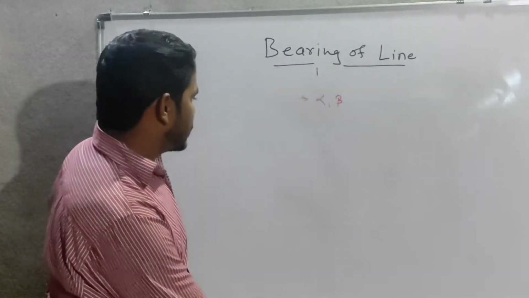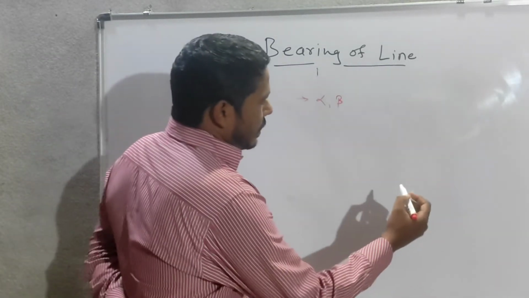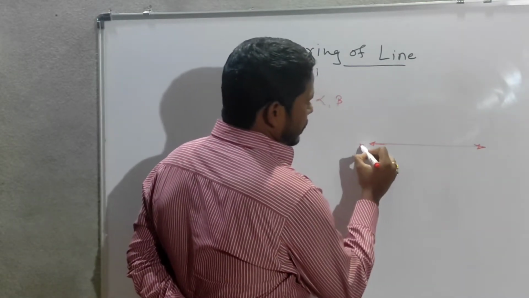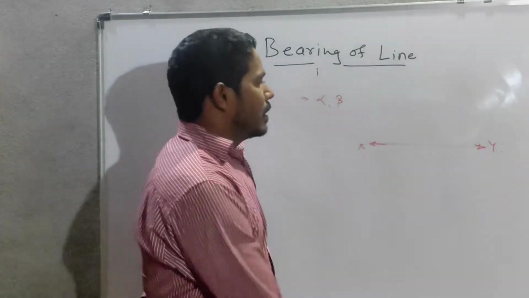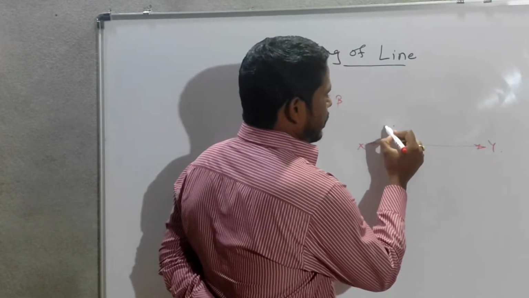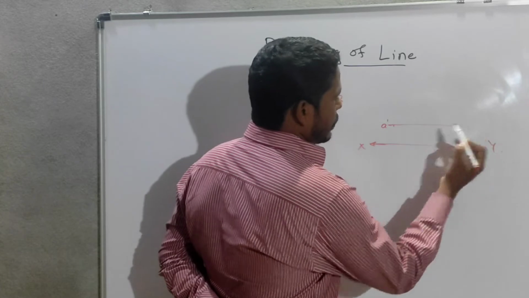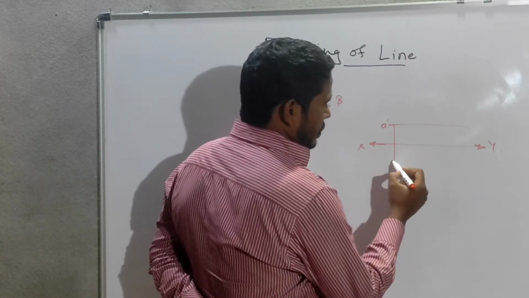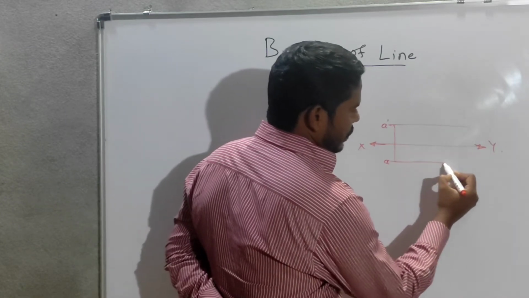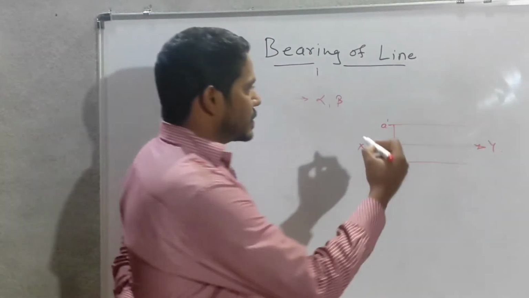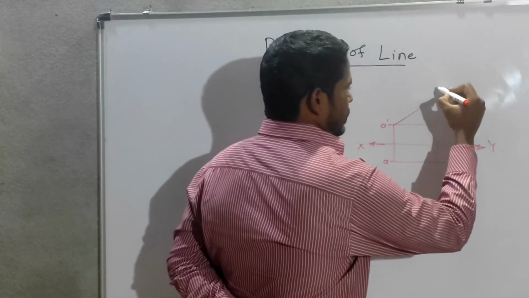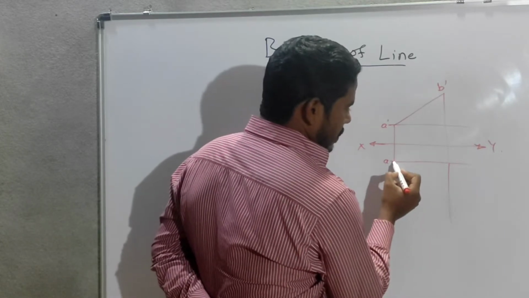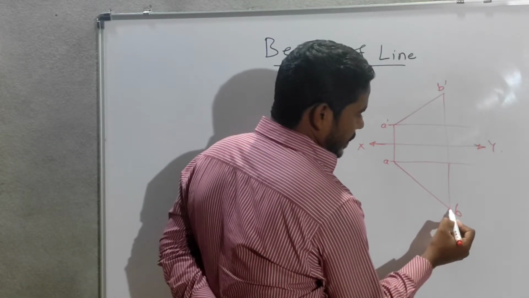Suppose I take an example. Suppose this is the xy line, and suppose this is the locus of a dash. I'll draw the projector and here will be a, its locus. Suppose I show the front view a dash b dash, I'll draw the projector, and here it will be b.